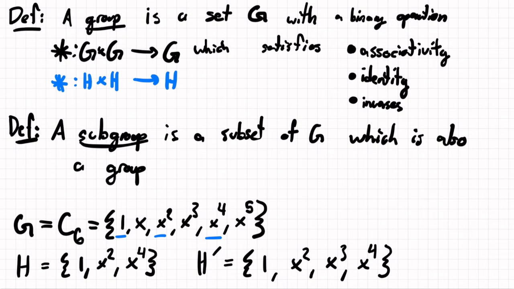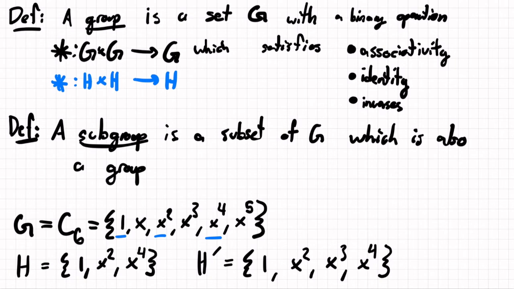So the multiplication function is not a function from H cross H to H. This value, x to the fifth, wants to be in H, but it's not. It's not contained in this set. There's no x to the fifth in here, so we have nonsense. So what we could say is that multiplication is not well defined, is the mathematician's way of saying that.